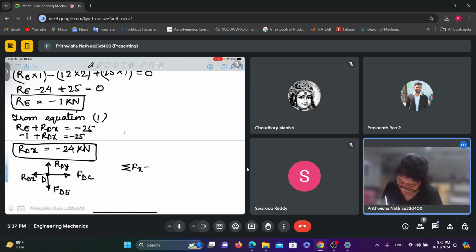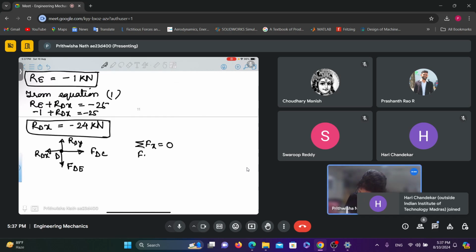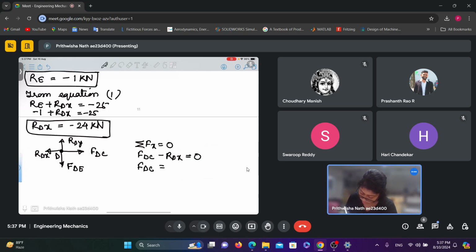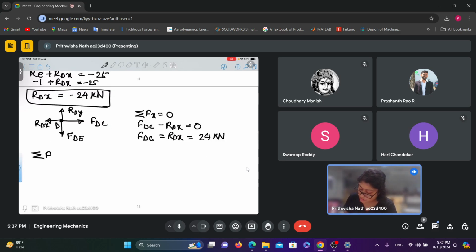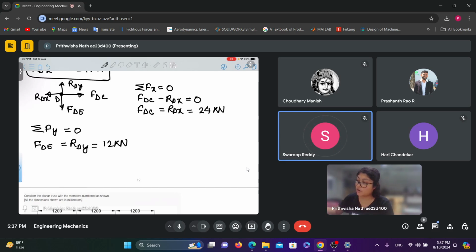So summation of Fx equals 0, I can write that FDC minus RDX equals 0, FDC is equal to 24 kilonewton, and from summation of Fy equals 0, I can write FDE equals RDY, which is equal to 12 kilonewton. Is this clear? Yes, ma'am.